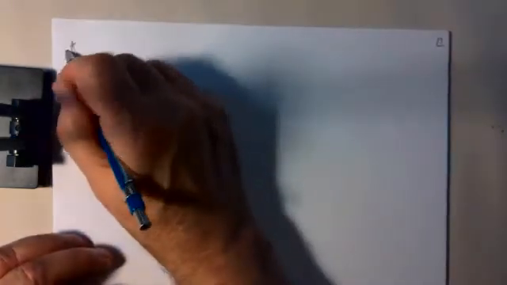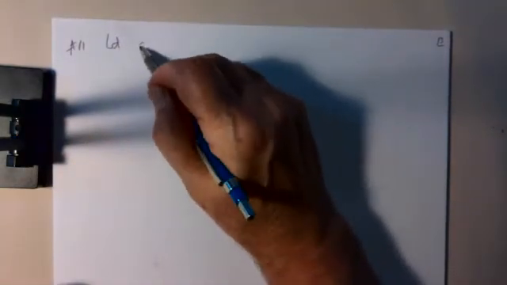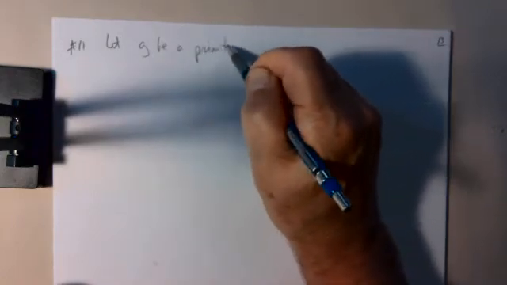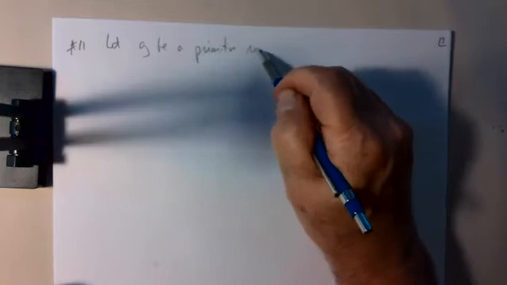Okay, so let's look at number 11. Suppose that g be a primitive root mod m.